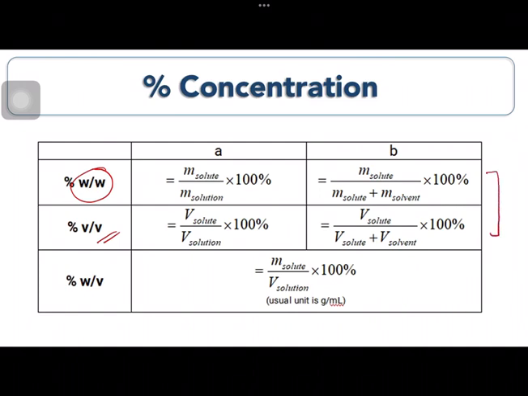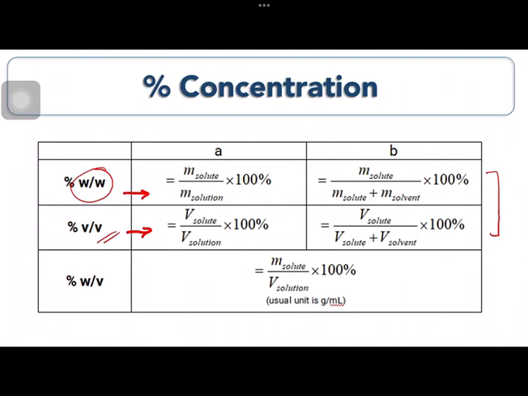So nakikita nyo dito, there's A and B. So yung letter A dito, ang equation nyo for percent mass ay mass of solute over mass of solution times 100%. Doon naman sa percent by volume, pinalitan lang natin yung M by V. So, volume of solute over volume of solution times 100.